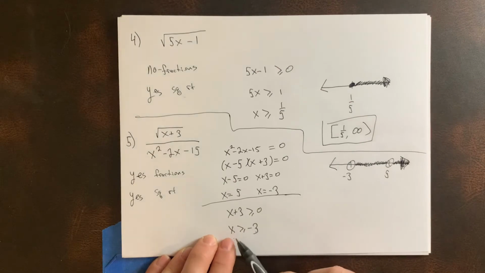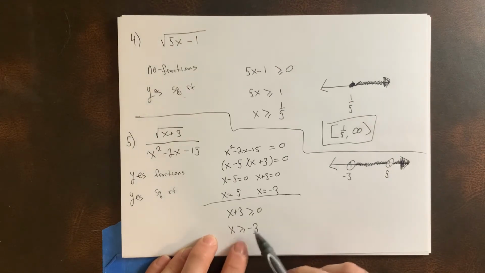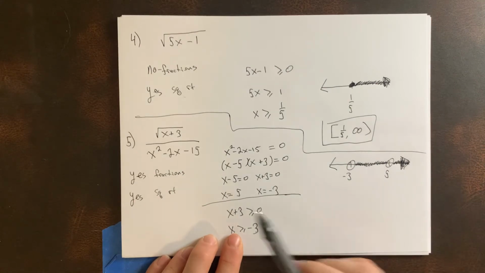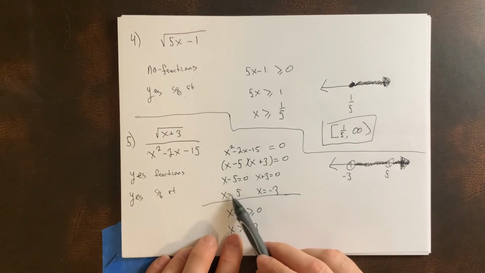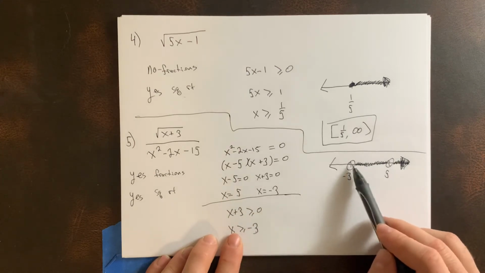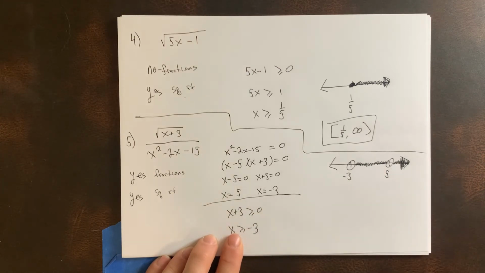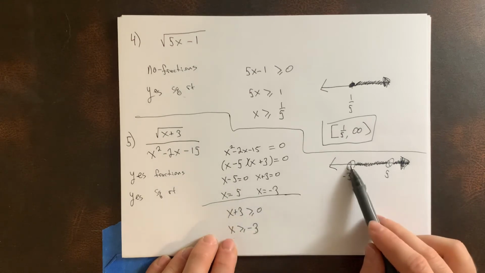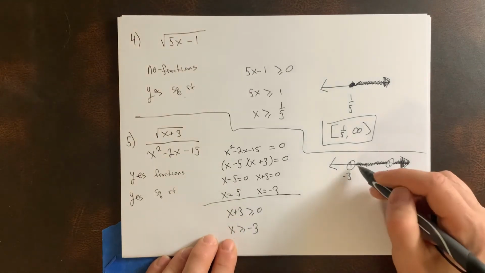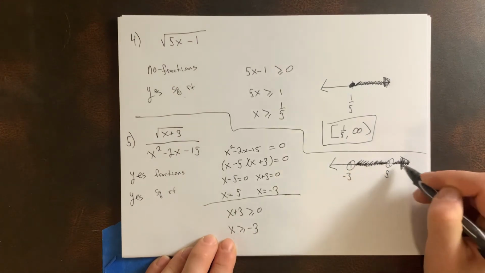So again, x is bigger than or equal to minus 3. If it was only this, we would shade in this minus 3 and shade everything to the right. But we already saw from the fraction part that x can't be 5 and x can't be minus 3. So we put a circle on minus 3 and a circle on 5. And so when we have the circles on minus 3 and 5, and then we also do this, we end up getting just all the shaded section right here.